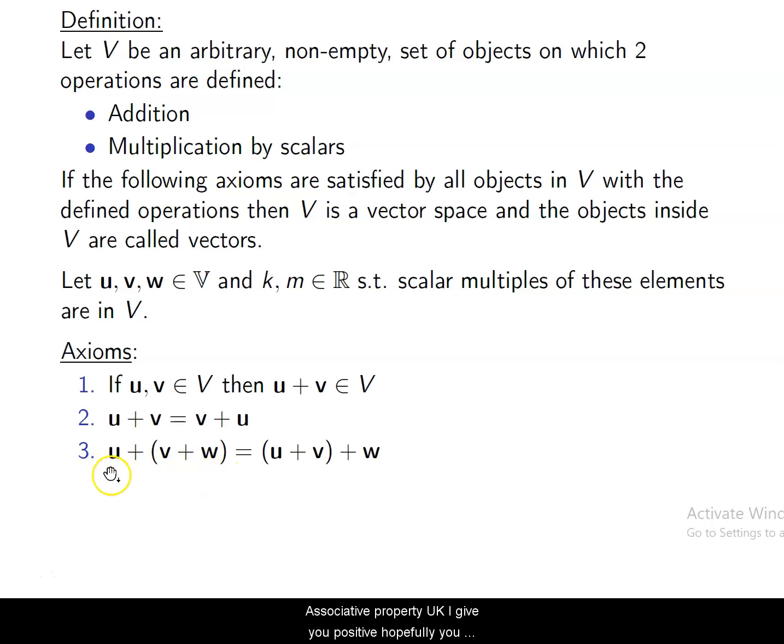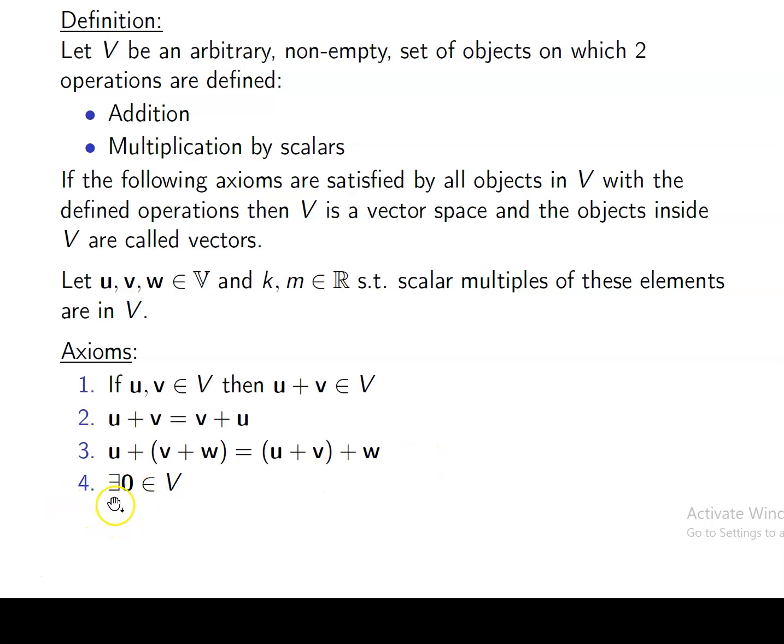I gave you a pause there so hopefully you knew what it was. So the commutative property of addition, the associative property, meaning it doesn't matter which one I add together first. As long as I'm adding everything together, I should come out with the same thing. So: closure under addition, commutative property of addition, the associative property of addition.